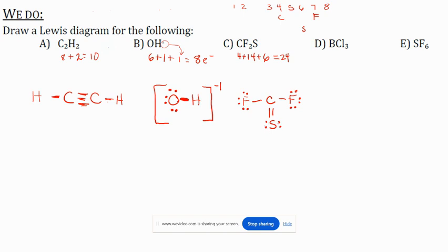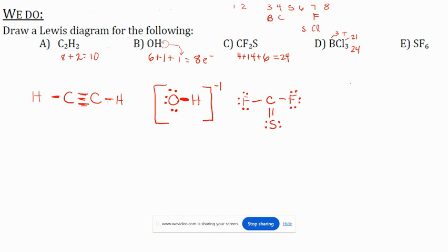Yes? Okay. All right. Now, the next one here is boron. Boron is located right here next to carbon, so it has 3. My chlorines have 7 each. So chlorine is right here. They have 7 each, and I've got 3 of them. So that's a total of 21. 3 and 21 is 24.